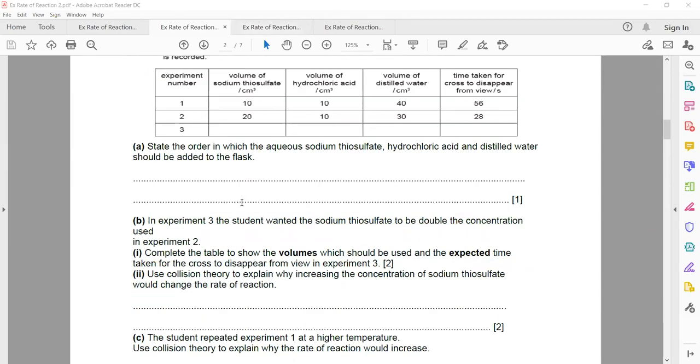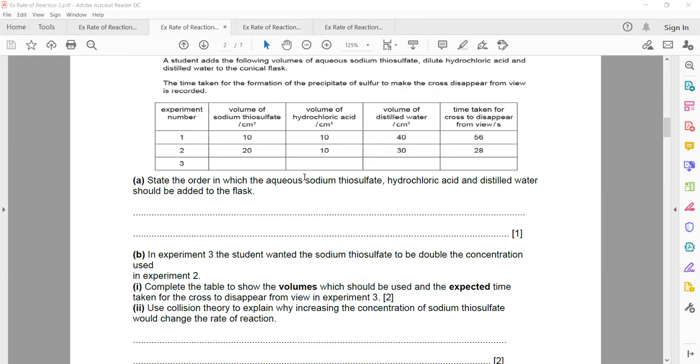Next, in experiment 3, the student wanted the sodium thiosulfate to be double the concentration used in experiment 2. So what is double of 20? Double of 20 is 40.